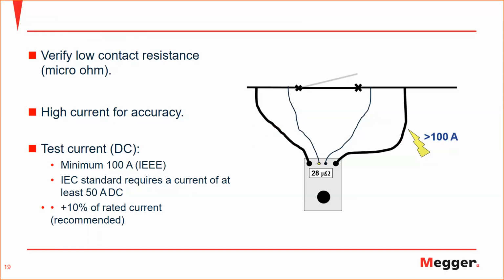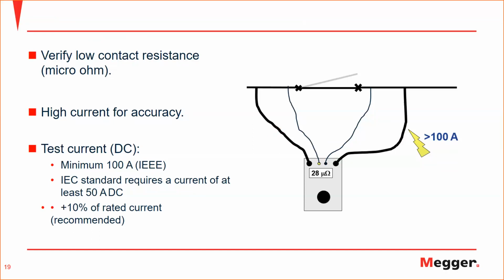One thing I would like to mention is that this 10% rated current is usually recommended for generator circuit breakers, where the rated current is in the thousands of amps, especially for big generators, for example, 6,000 or 10,000 ampere.